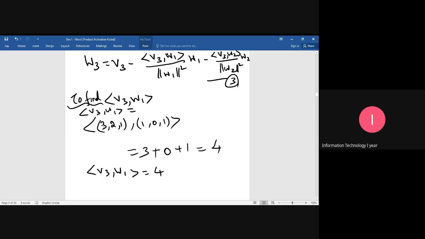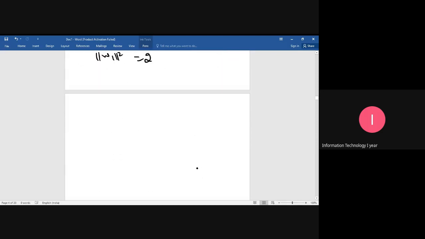Okay, so the first one we calculated, and we know norm W1 square. In the previous step we calculated norm W1 square is equal to 2. We can substitute it. Then find inner product of V3, W2, and also find norm W2 square.